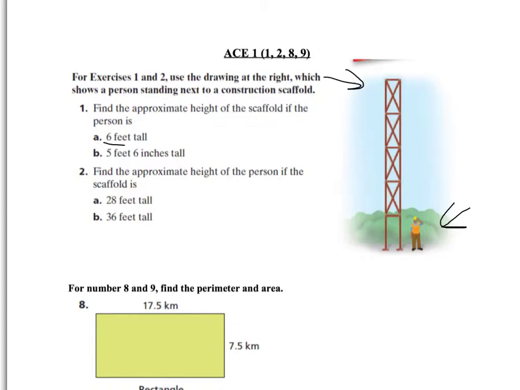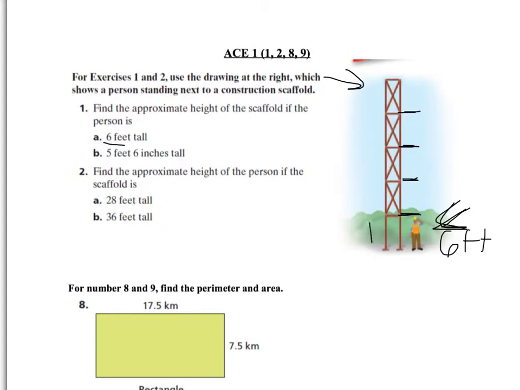Alright, so if this man right here is 6 feet tall, let's approximate how tall the scaffold is. So he is about as tall as this point right here. So that means that we can section this off, and we'll just count and see how many men it takes in order to reach the top of the scaffold.